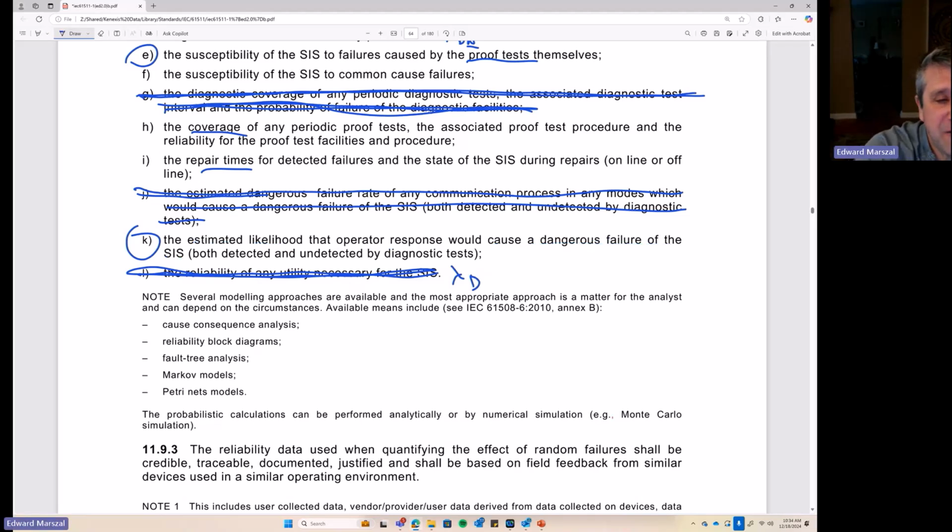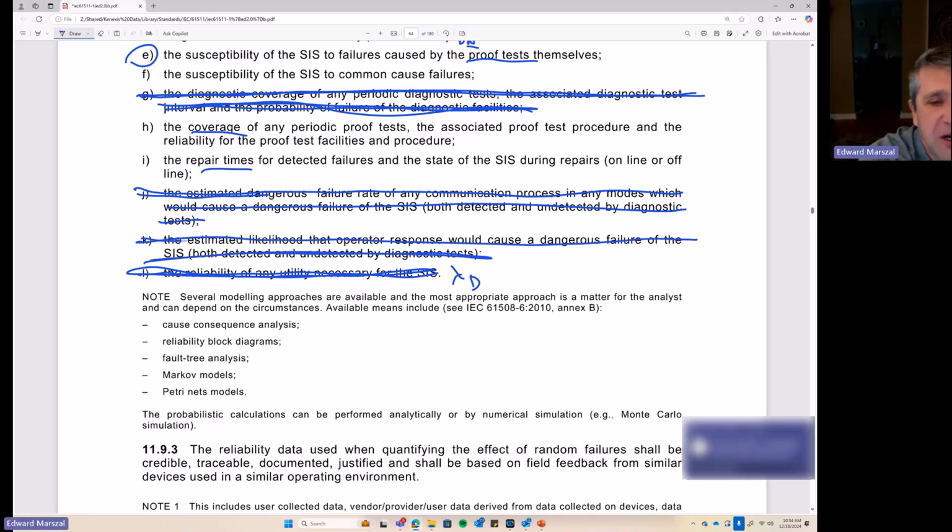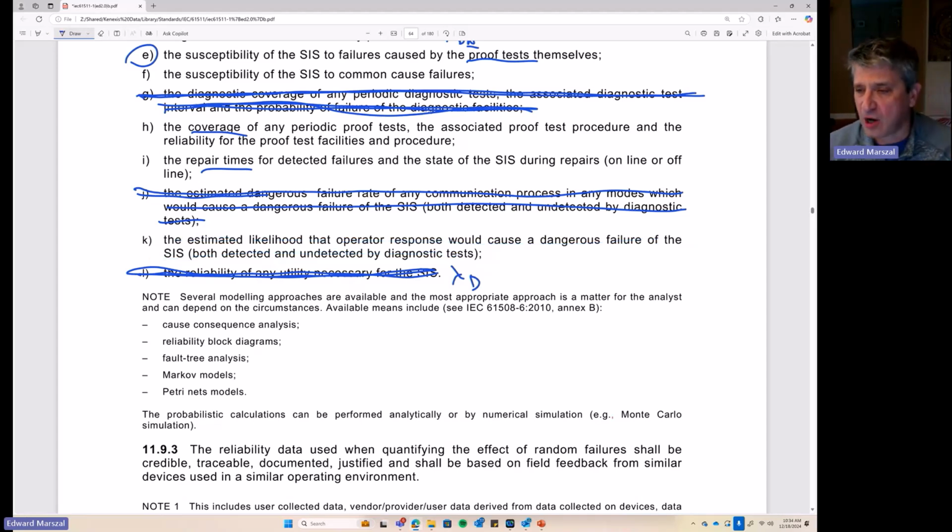The IEC 61511 committee in our last meeting said we are striking this also. This is going to go away. So that's pretty interesting. So now let's go back to the definition and see where this comes from.